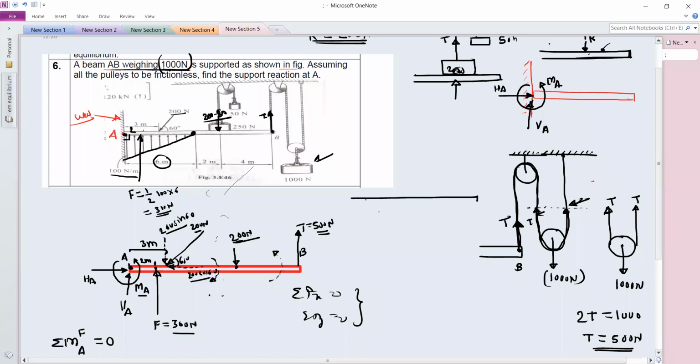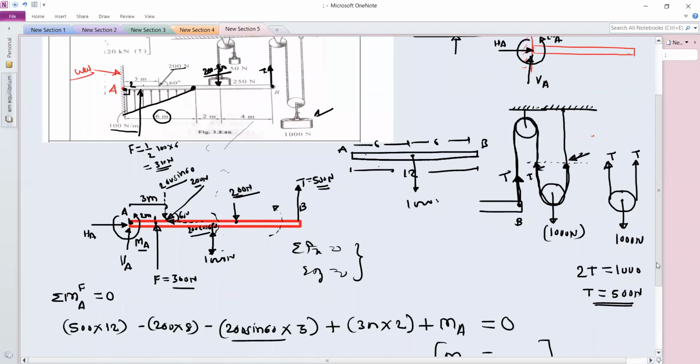So if this is the rod AB or the beam AB, its total length is 12 meter. So 1000 Newton will act from 6 meter. So this is 1000 Newton and distance is 6 meter.